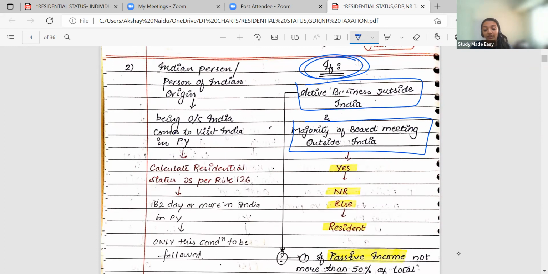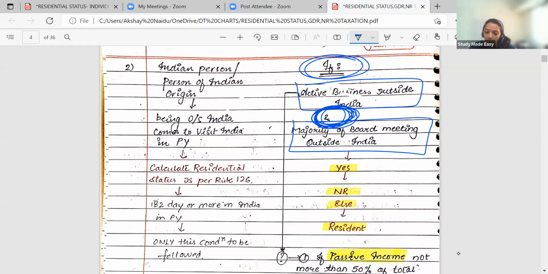They have been given in negative sense. If a foreign company is having active business outside India, and if a foreign company is having majority of the board meetings, it is board meeting, not annual general meeting, outside India. If both the conditions are satisfied, again it is end.